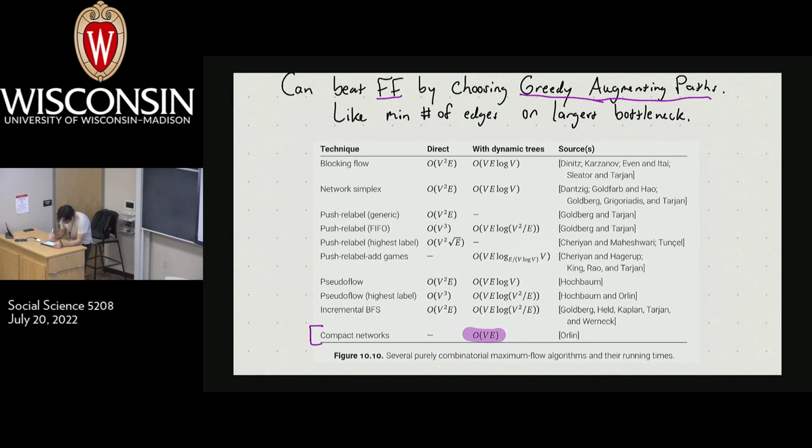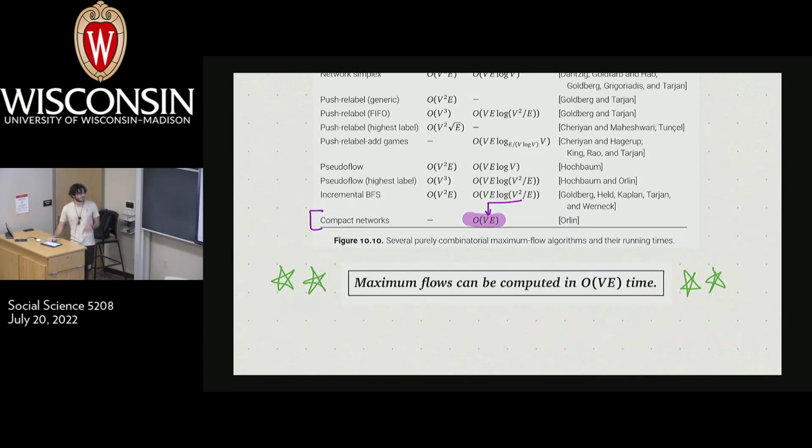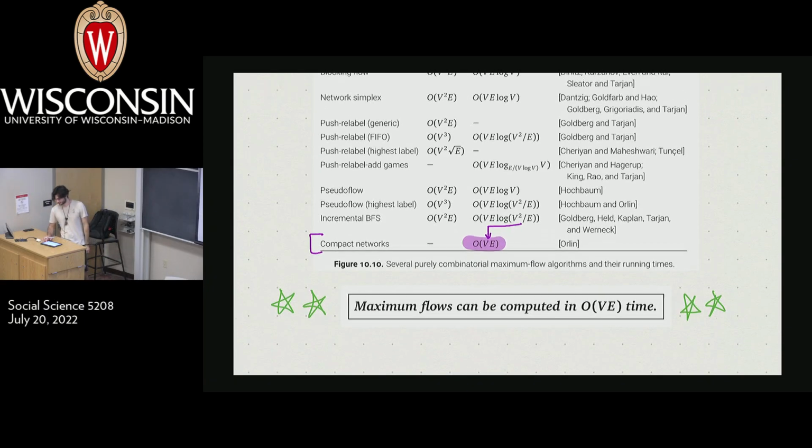And recently, someone came up with an algorithm that hits O of V times E, so it matches the flow decomposition algorithm. Most people think this is the best we can do. So for purposes of homework and exams, if you use a max flow algorithm, use Orlin's algorithm, and then max flows can be computed in O of V times E time, which is really fast.